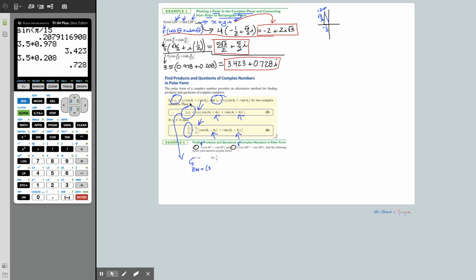So I'm going to do 3 times 5, that'll become 15 in just a second. And then I'm going to do the cosine of, and I'm going to add the 20 degrees plus the 100 degrees there. And then plus i times the sine of, and I'm going to add those angles again, 20 degrees plus 100 degrees.